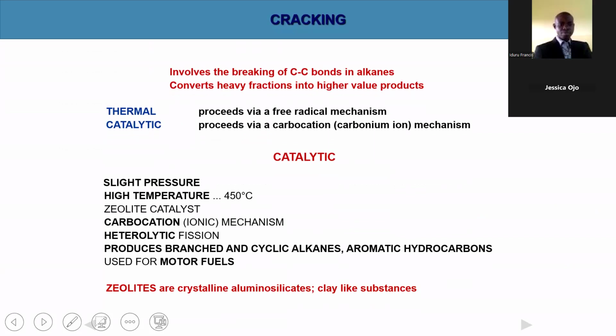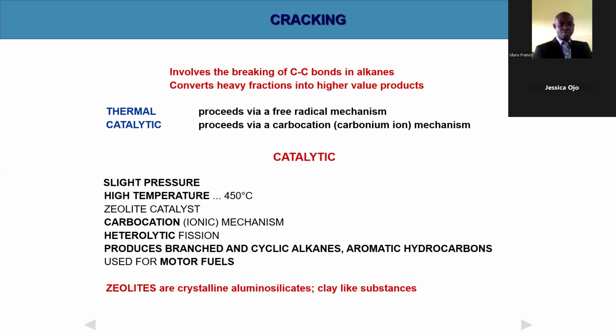Then move on to catalytic cracking. Like I said, you don't need the mechanism. Let's look at the conditions again. The pressure is slight, low pressure. You still have high temperature as well, 450, but not as high as the other one.